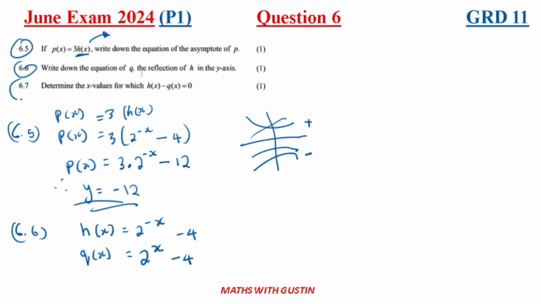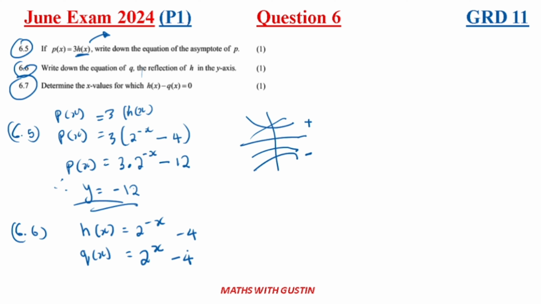6.7, it says what are the values of x for which h of x minus q of x is equal to 0. So now here on this one is the two functions minus each other.